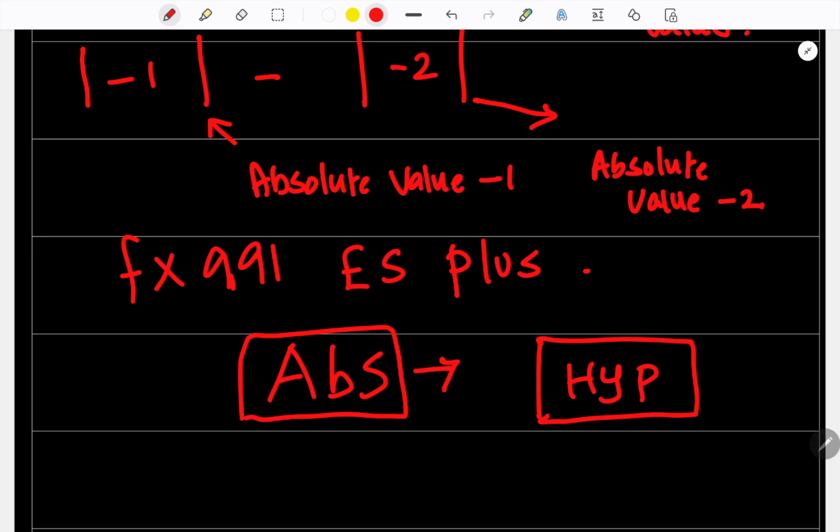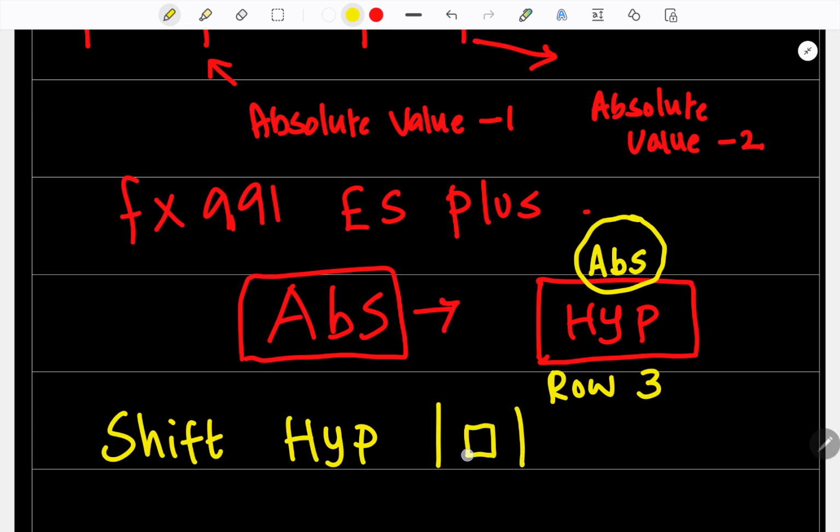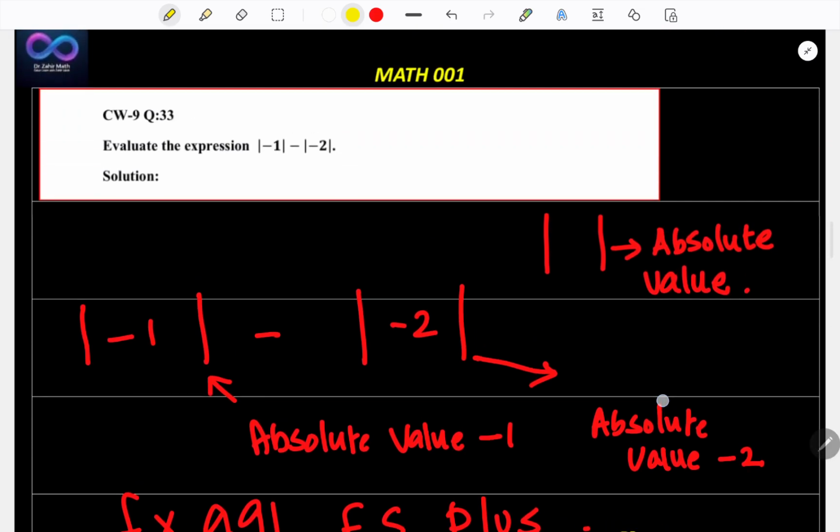HYP. And in that, there is a small word ABS, which is in row 3. You can see that. So if you want to use this one, you have to use Shift HYP. So please press Shift HYP. Okay, you will get this small thing with the box here. So type this in the calculator.